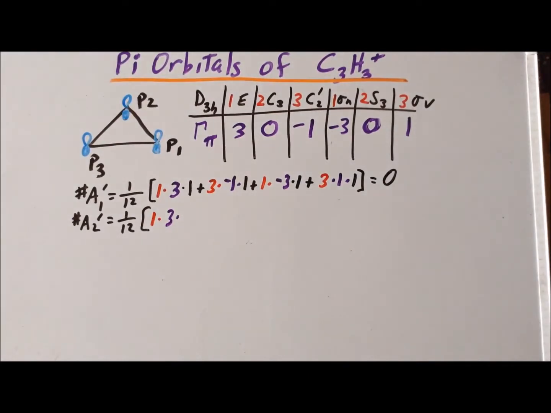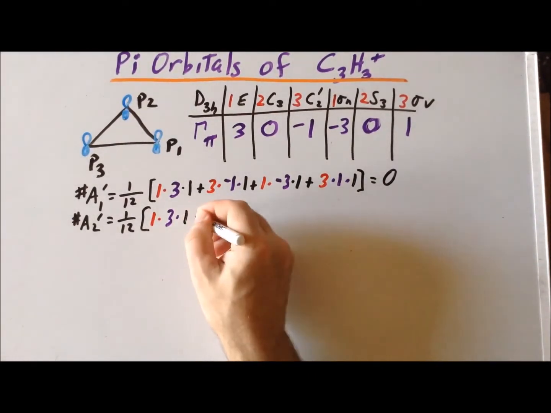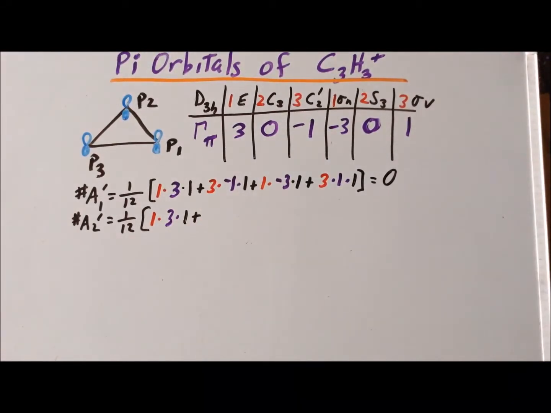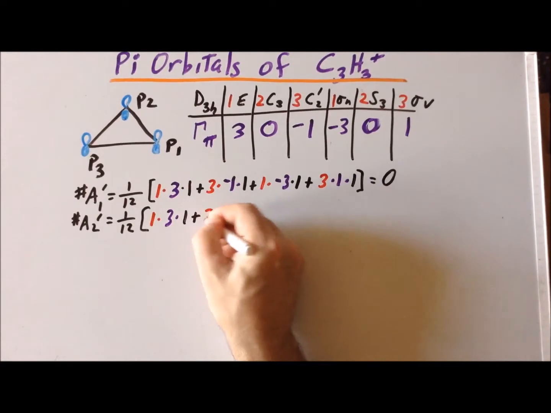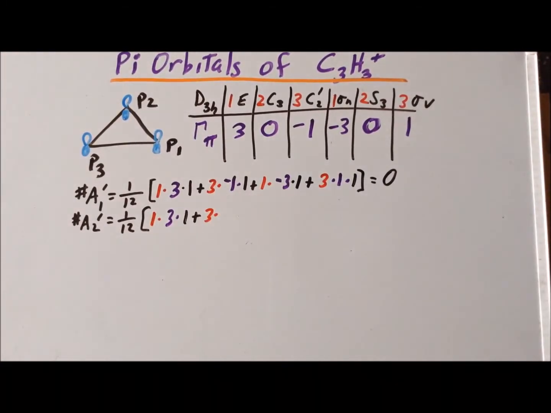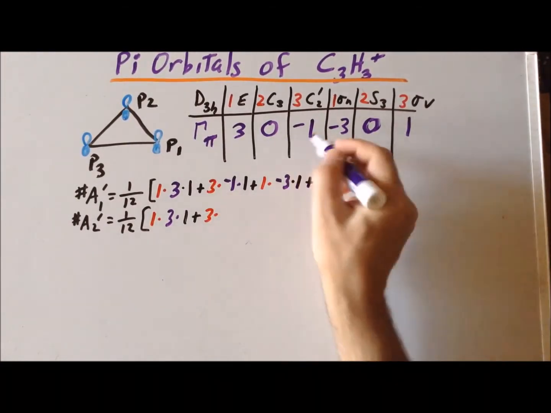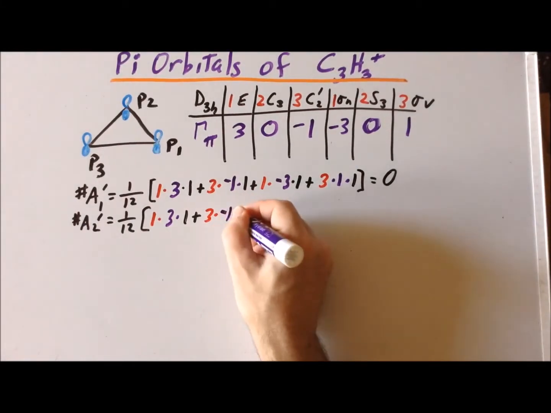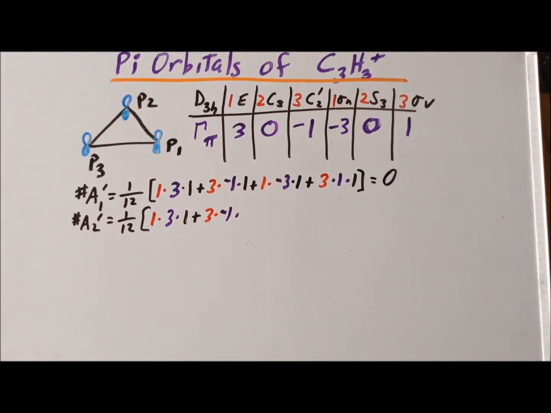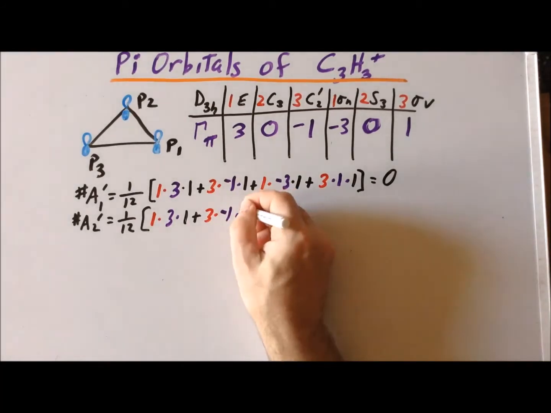And then the character from the irreducible representation A2' is also a +1. For C2', 3 operations. The character from the reducible representation is a -1. And then the character from the irreducible representation is also a -1 here.